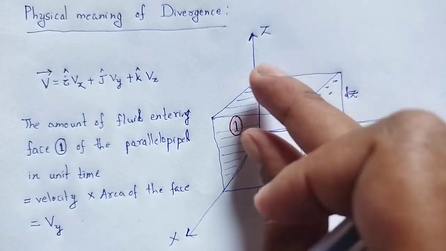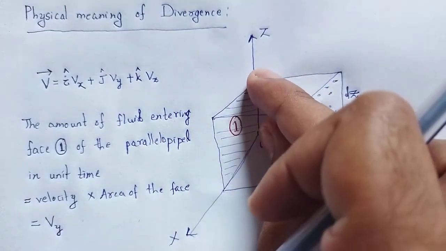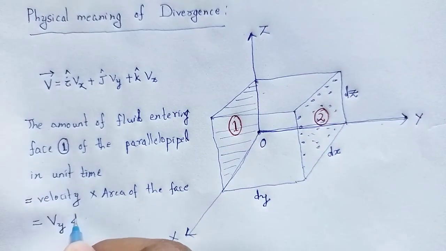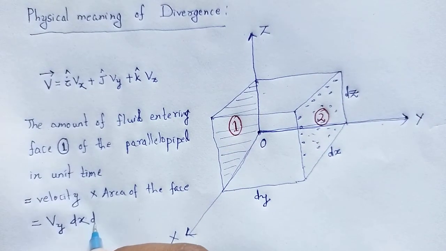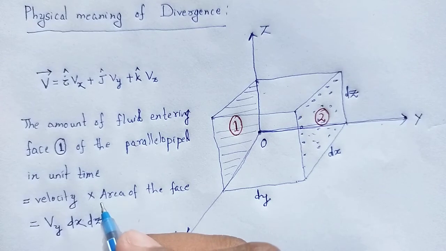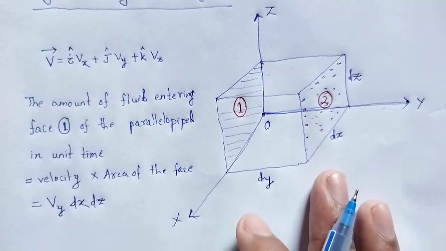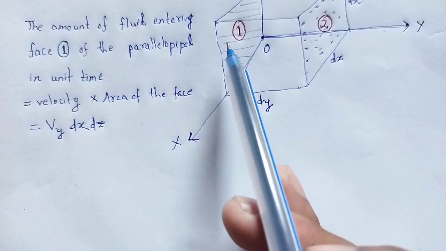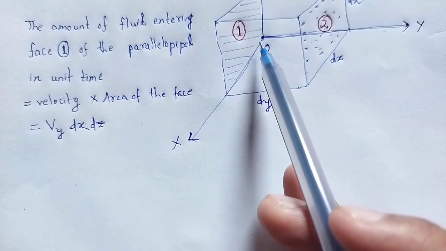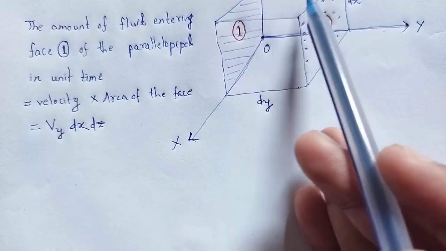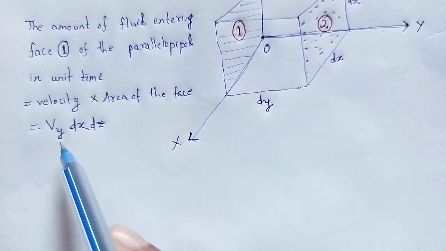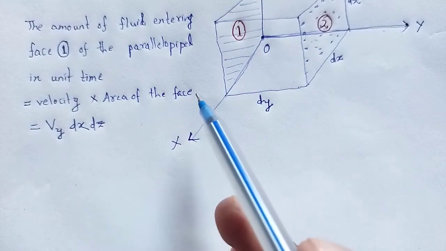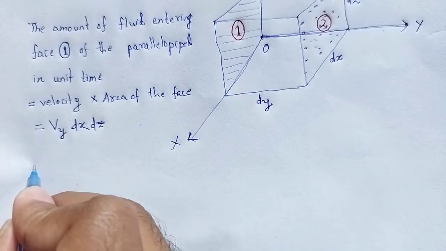So the amount of fluid entering at O of the parallelepiped with face 1 is given by Vy dx dz.